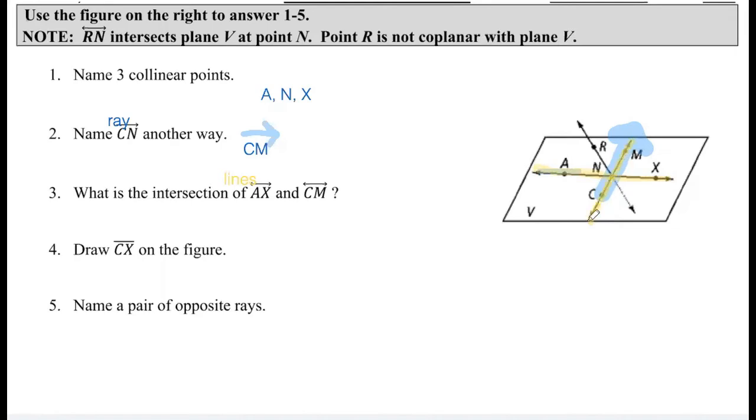At what point, because we know lines intersect in exactly one point, what point is the precise place where those two yellow lines are crossing? And we can clearly see that that's occurring at point N. So that's going to be our answer to number 3, point N. Let's do that in a different color so it shows up a little better for you guys.